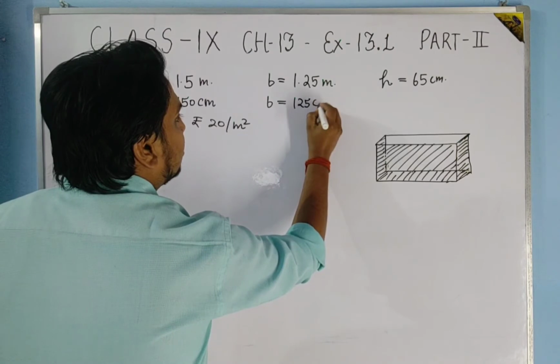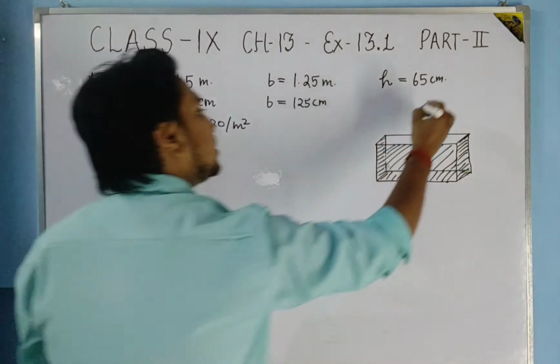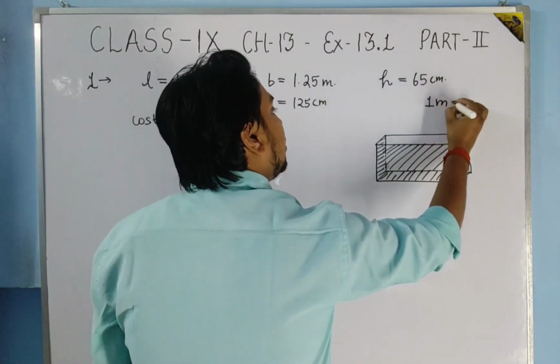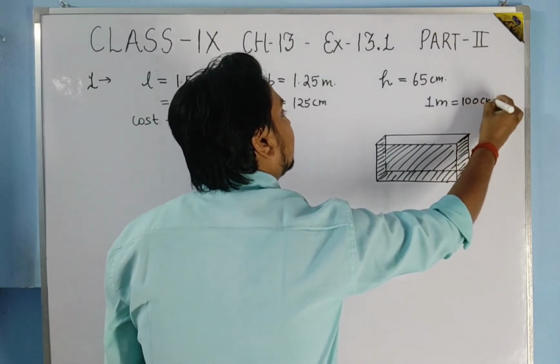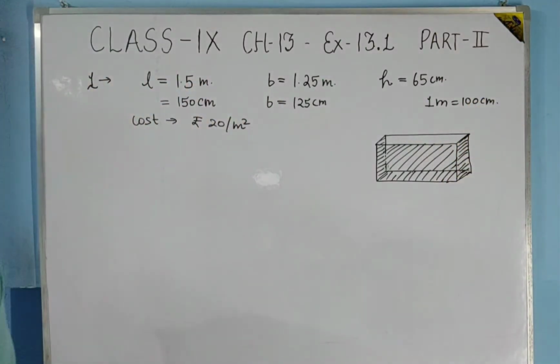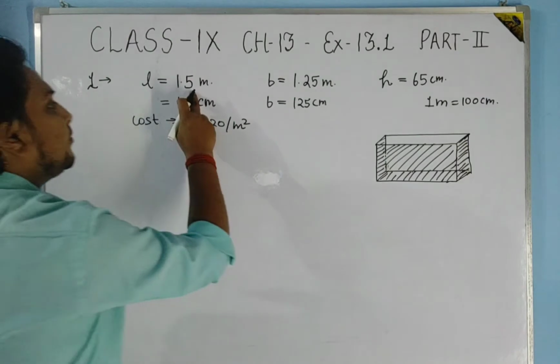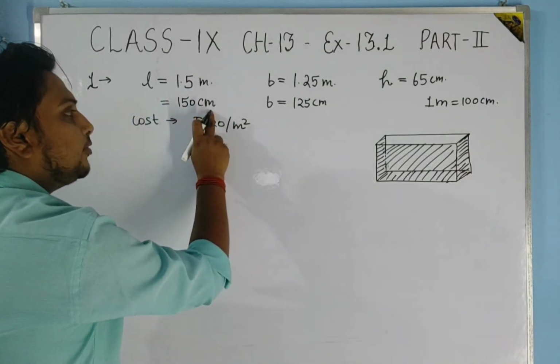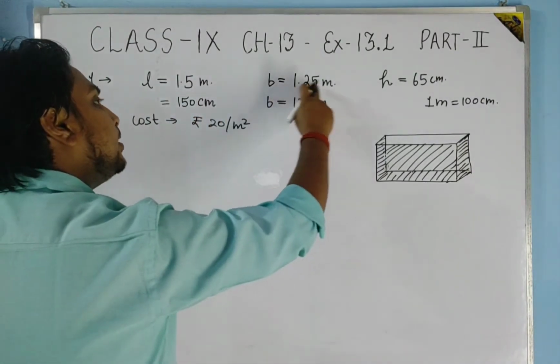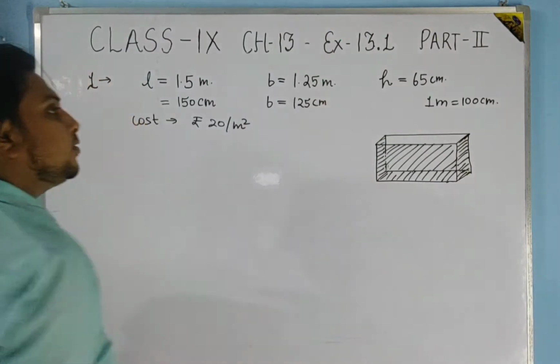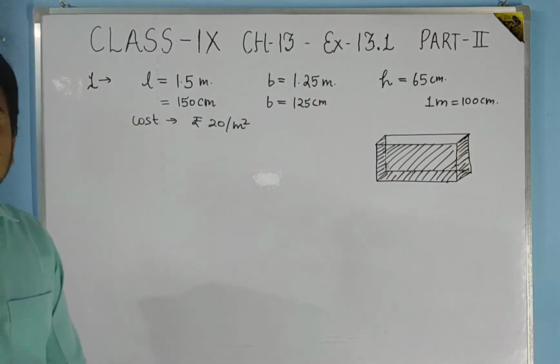You know very well, students, that 1 meter is equal to 100 centimeter. So 1.5 meter will be 150 centimeter, and 1.25 meter will be 125 centimeter.